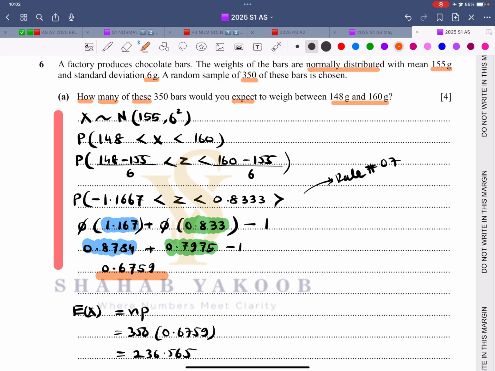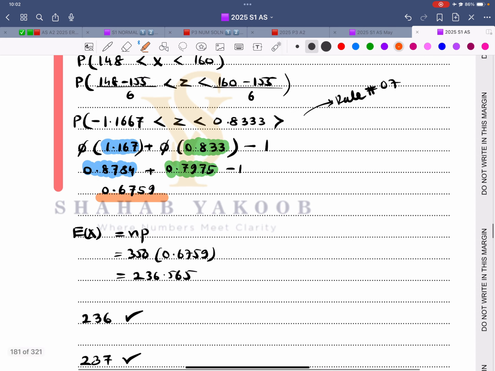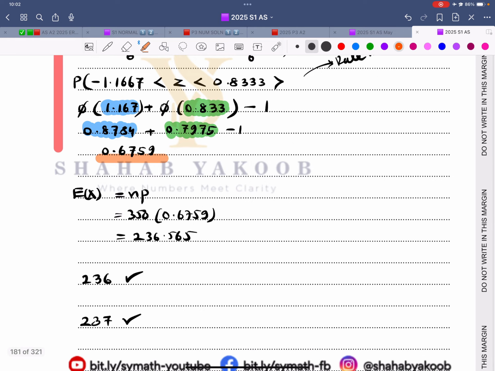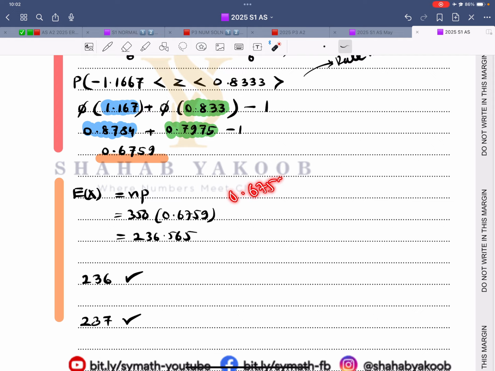Now, I have not rounded it off because they're not asking us the probability. They are asking us expected value. Now, this thing over here, that is binomial. So expectation, or you can simply say it in maths, it's a ratio. So this is percentage kind of thing. So 0.6759 of 350, that is the idea.